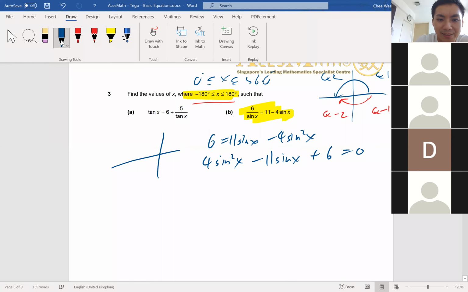So I will try to factorize this. So 4, 6, minus 11. Oh my. 2, 2, 3, 2, 4, 6. No. Can anyone do the factorization for me? Anyone?